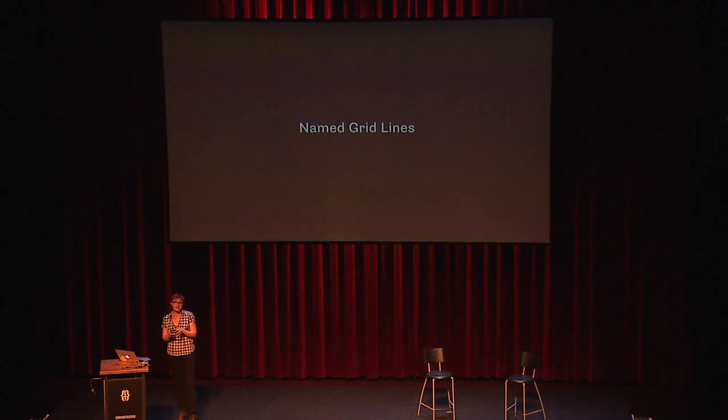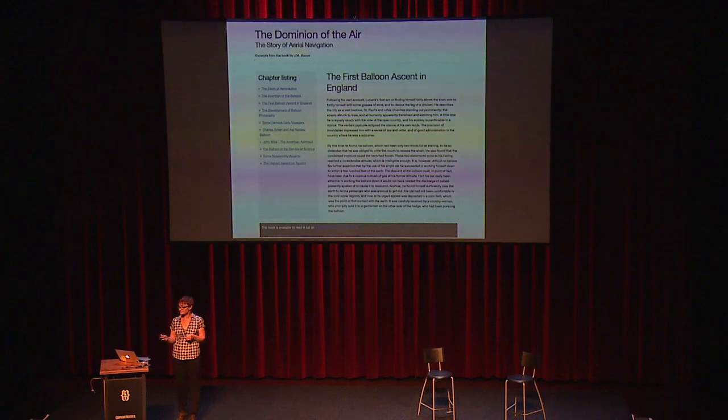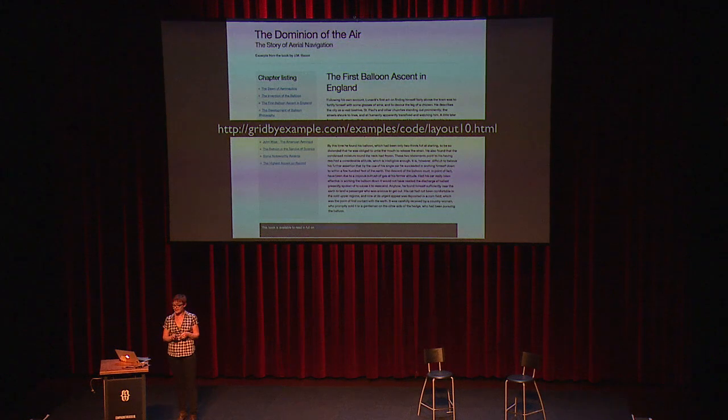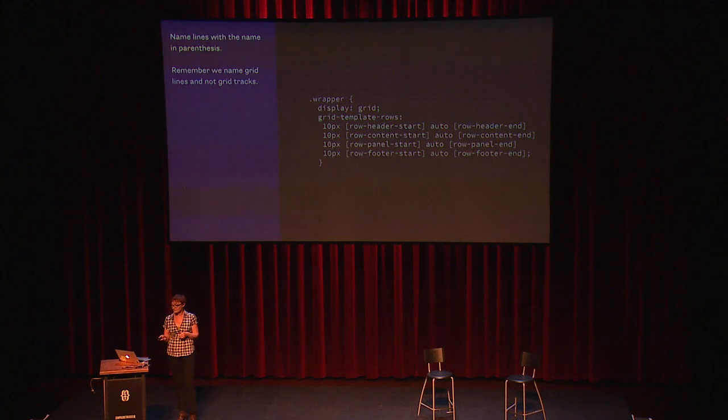So we've looked at positioning with numbers, numbering our lines and positioning things according to them. We can also name our lines, and we'll take a look at that now. So we've got the same layout, same markup, and this example is here. When defining my single column layout, I've named the row lines.